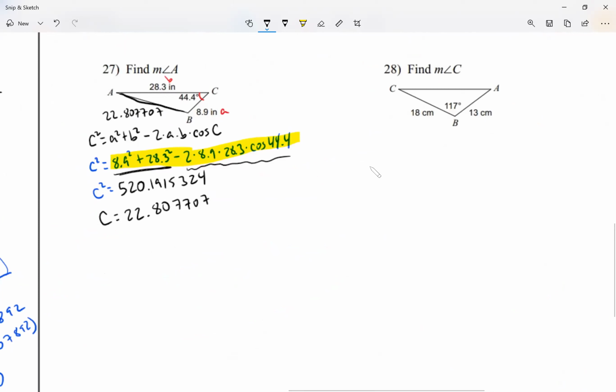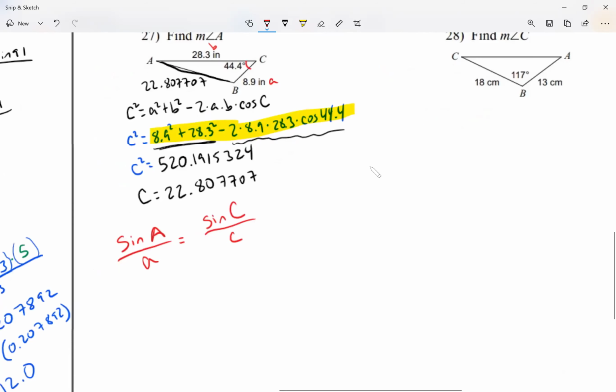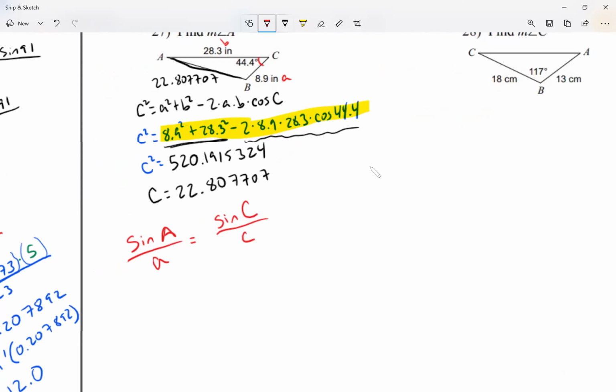I'm going to say sine of angle A, because I'm solving for angle A, divided by side A is equal to, I don't know angle B, right? So don't use angle B. Don't use the things that have B. Instead, I'm going to say sine of angle C divided by side C. So, let me write in black what I have.